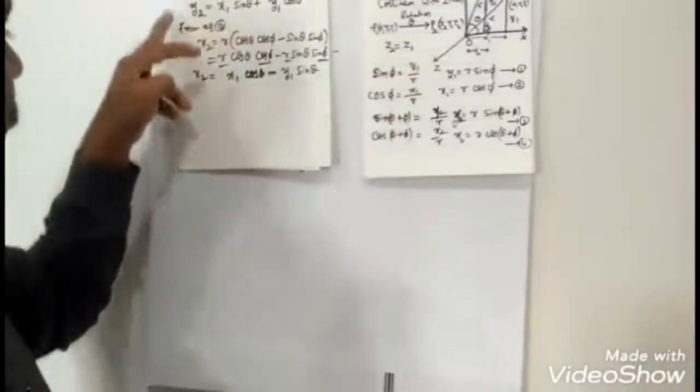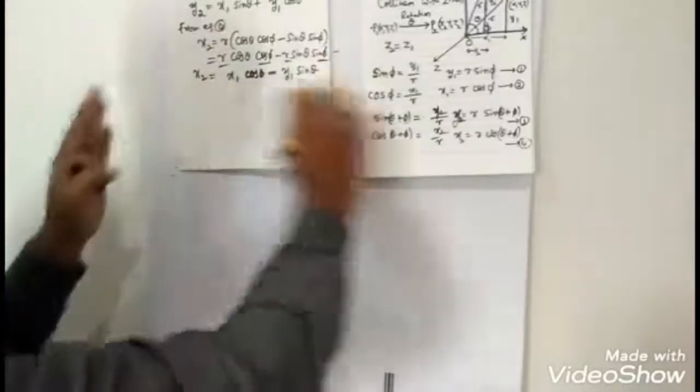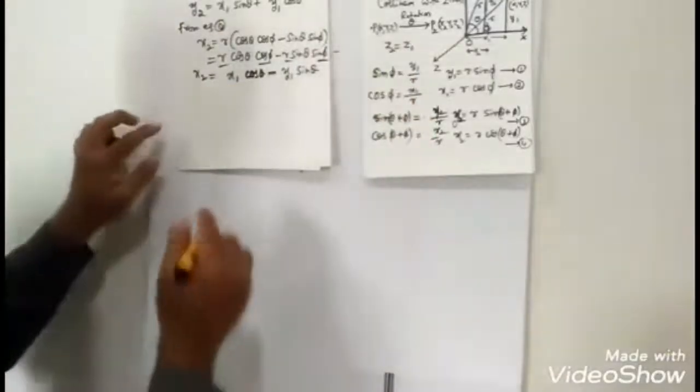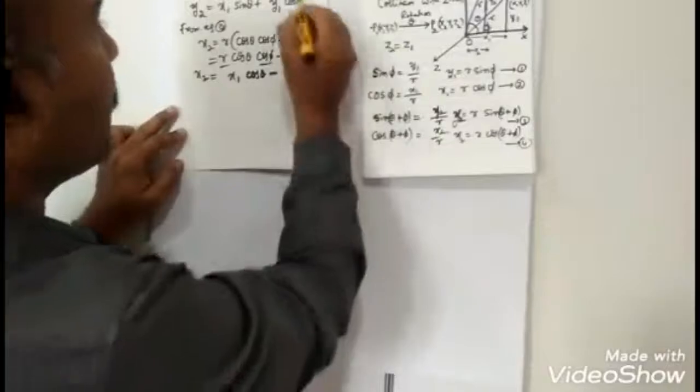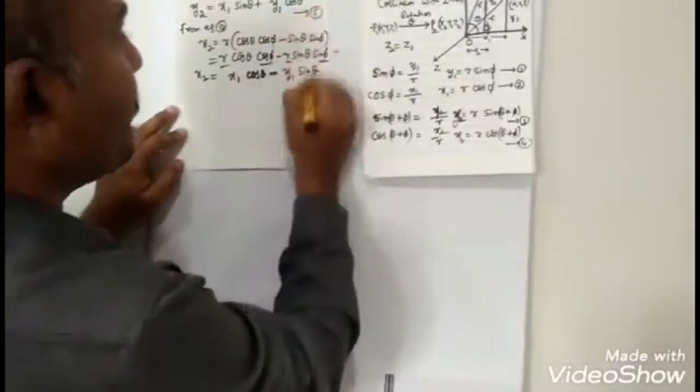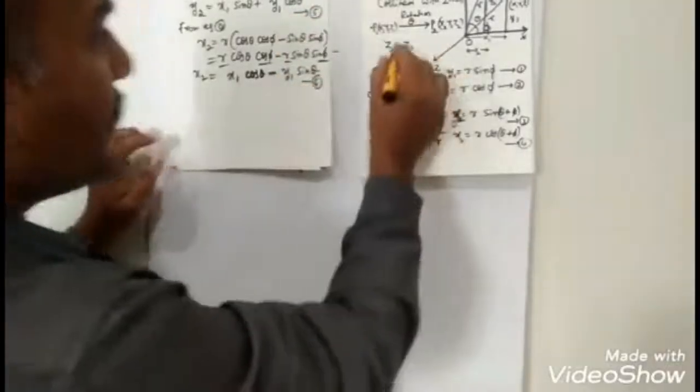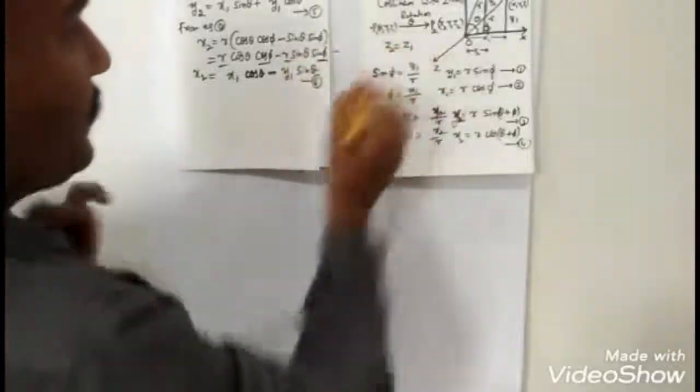So now we got the values of z2, y2 and x2. In the three coordinate system you can write all three equations. You can keep this one as 5, this one as 6. From 5 and 6, z2 is equal to z1.